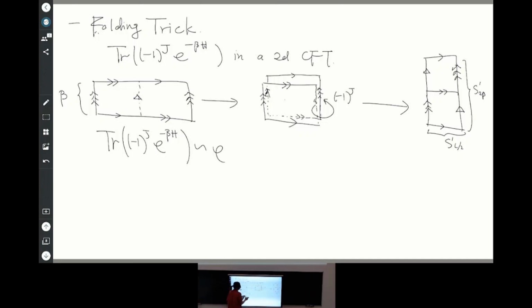So now I want to write down the thermal effective action in this new geometry. Well, how do things change? First of all, the effective temperature becomes 2 beta instead of beta.